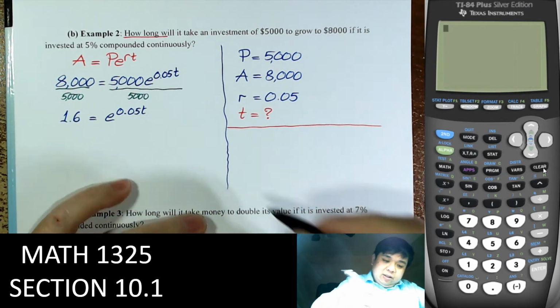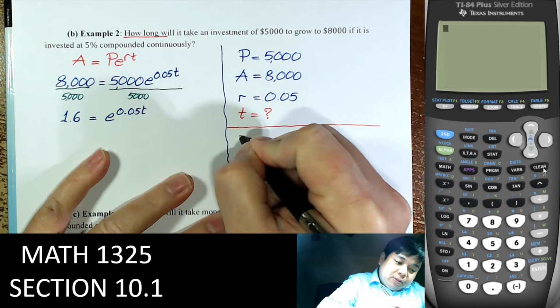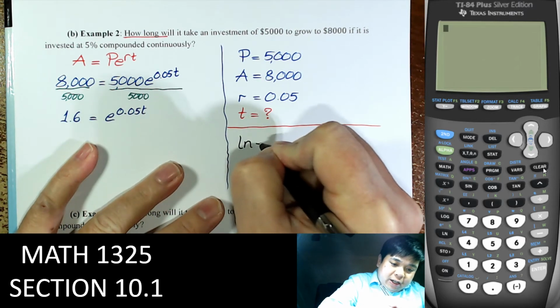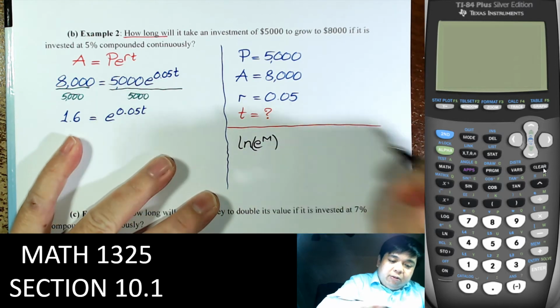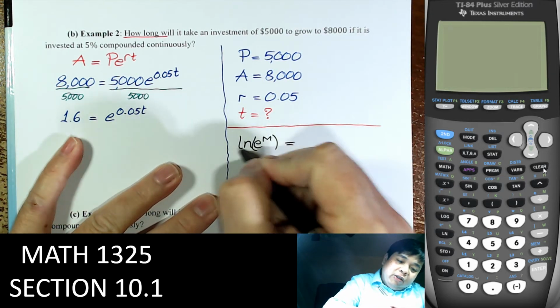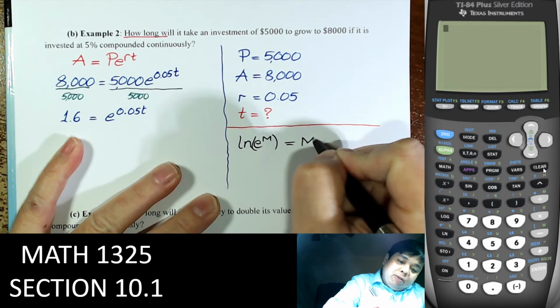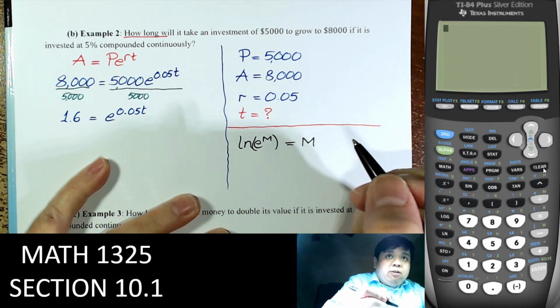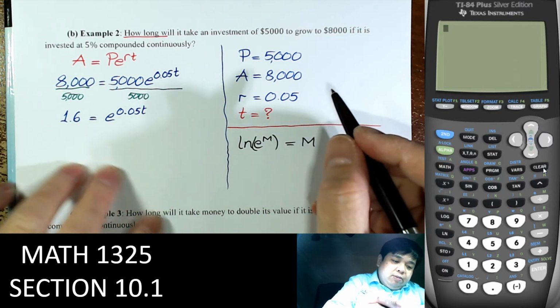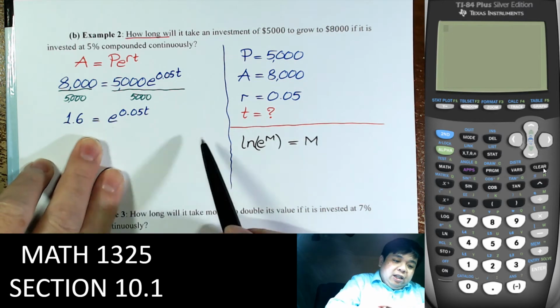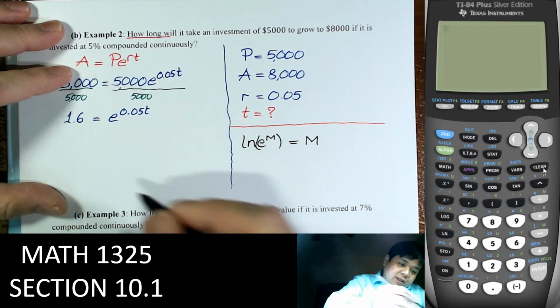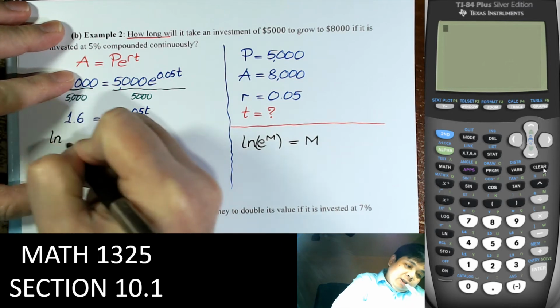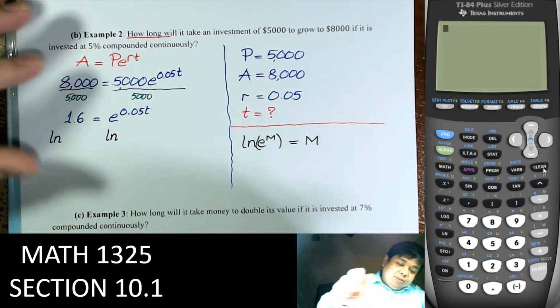That is, if we have ln of e to the m, for example, the ln and e cancel out, and we just have m. So to get rid of the e, we will take the ln on both sides. That's the natural log.